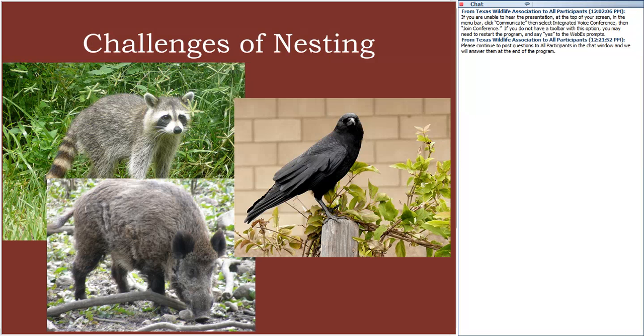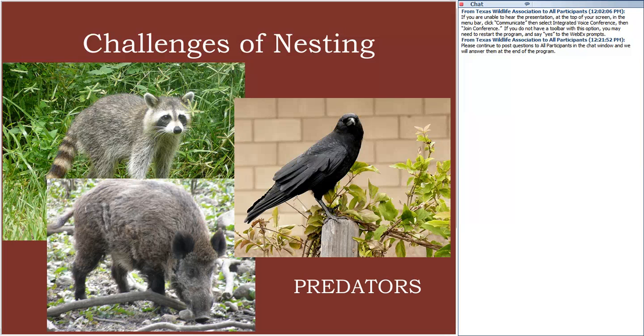Now, there are several challenges that are associated with nesting, not the least of which is predators. There are all kinds of predators out there that will happily make a meal out of a quail nest. Those eggs in there don't move around much, they don't have really any defense to speak of, and they're an excellent source of calories and protein. So just about anything that eats protein out there will be happy to eat these eggs.